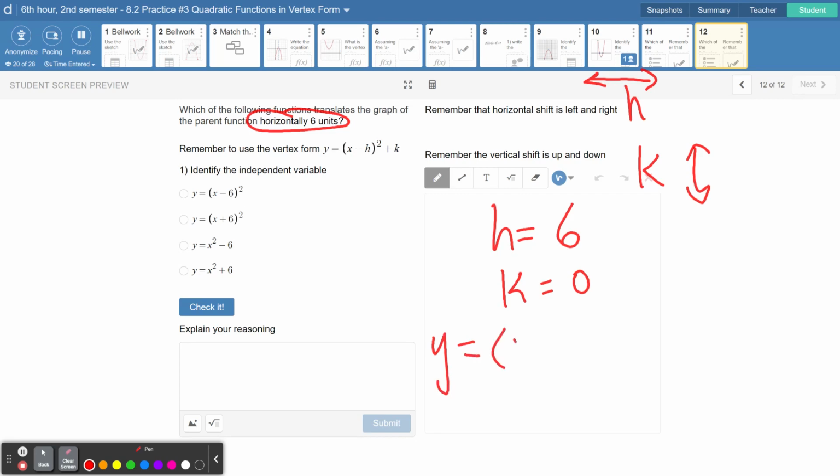Now, if we plug that back in, remember, x minus comes from the form, and then we have a positive 6. So minus a positive is just a minus, and then plus 0. But that plus 0 is not needed, so our horizontal translation is a 6, and that goes inside the parenthesis. But remember, inside the parenthesis is already x minus.